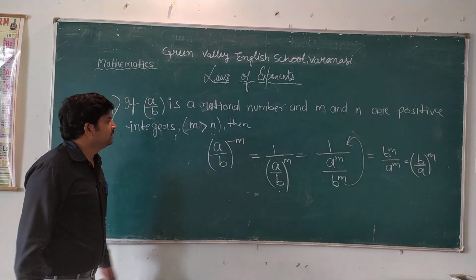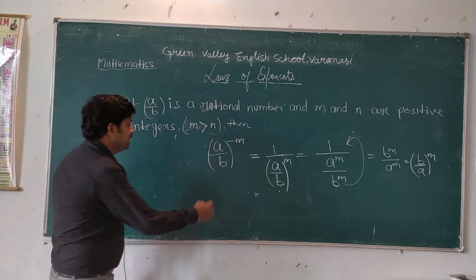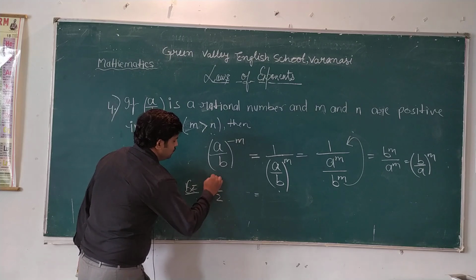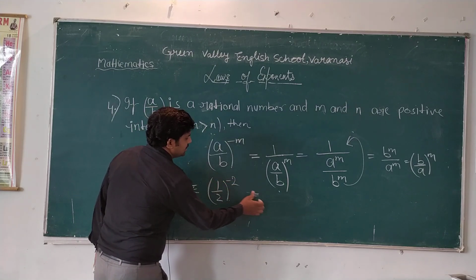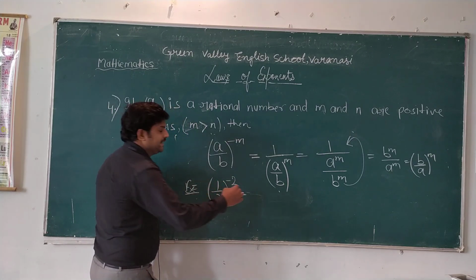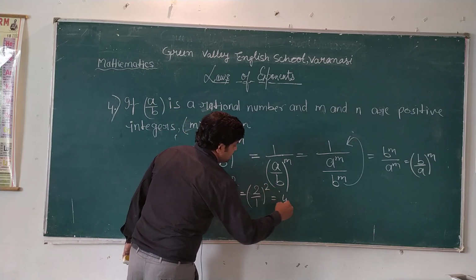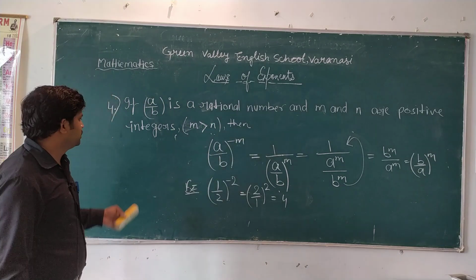This is our fourth property. Let us take an example: (1 upon 2) whole to the power minus 2 is equal to (2 upon 1) whole to the power 2. It means 4. This is our fourth property.